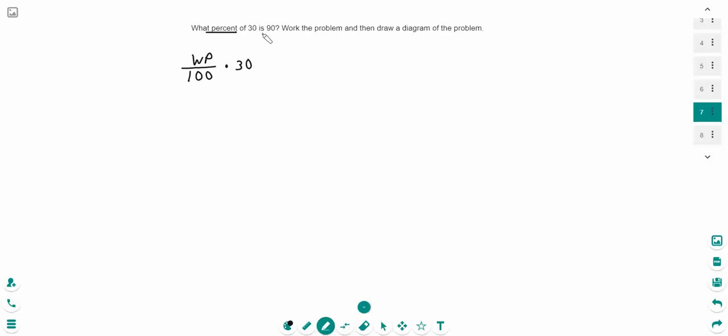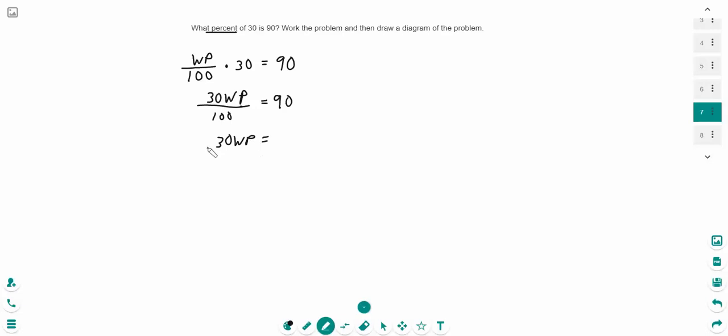All right, so now it's just an equation that needs to be solved. If we do the multiplying out here, just to make it a little more straightforward, 30 WP over 100, right? That's what that would give us on the left side, equals 90. We can now multiply both sides by 100. I'm just going to do that in my head. That's going to be 30 WP on the one side, 90 times 100 on the other.